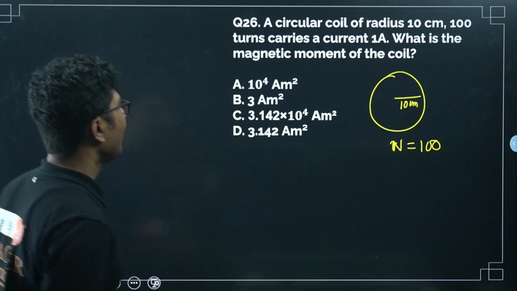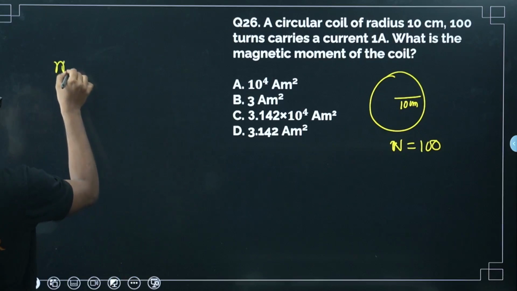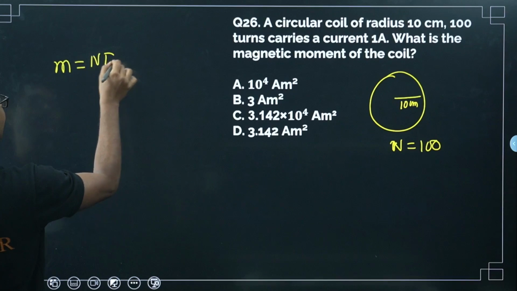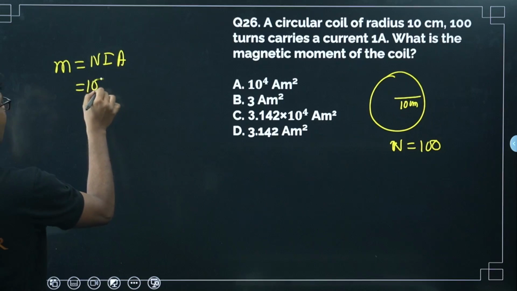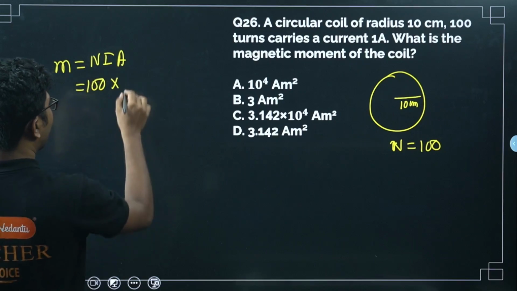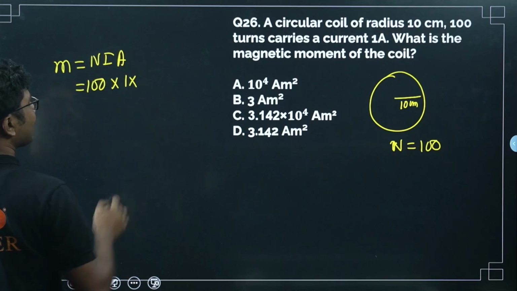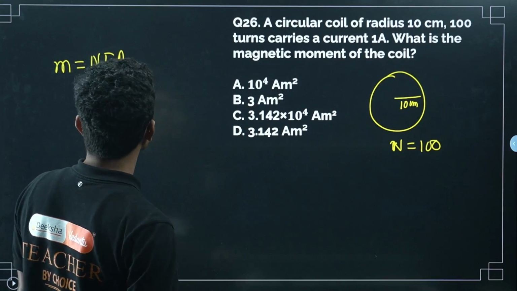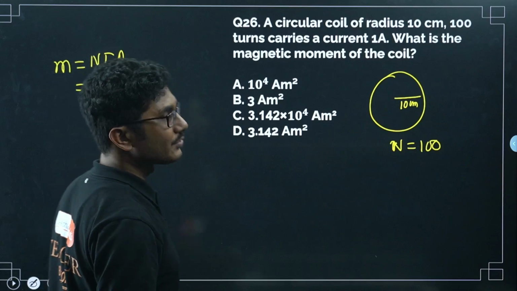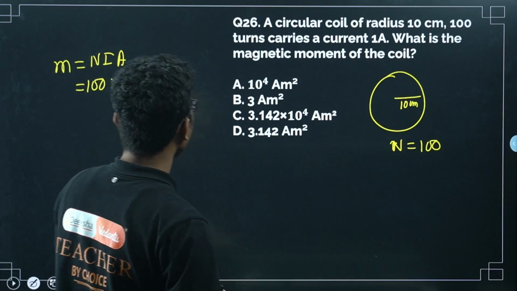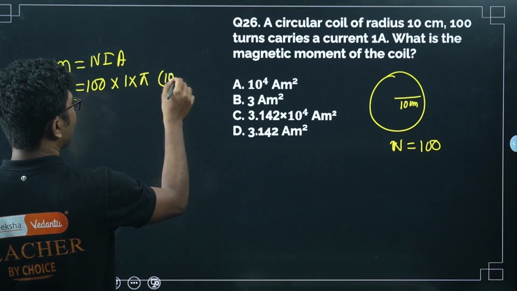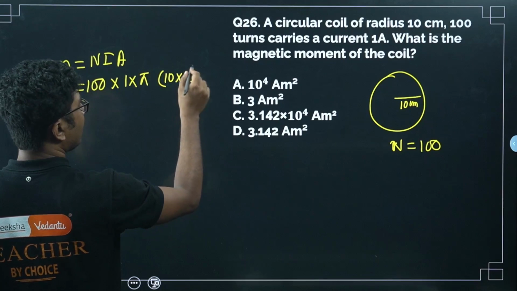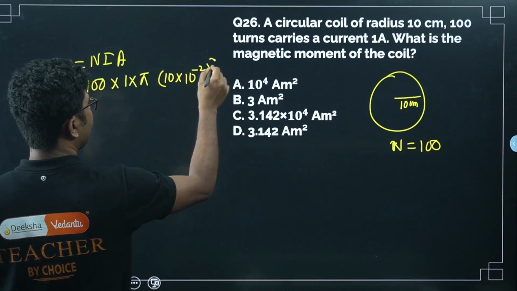Okay, we know that magnetic moment is basically N I A. Number of turns is 100. Current is given 1 ampere and area is pi r square. Now here remember that the radius is given in terms of centimeter. So when you are inserting the value, you have to use 10 to the power minus 2 and then you have to whole square it.